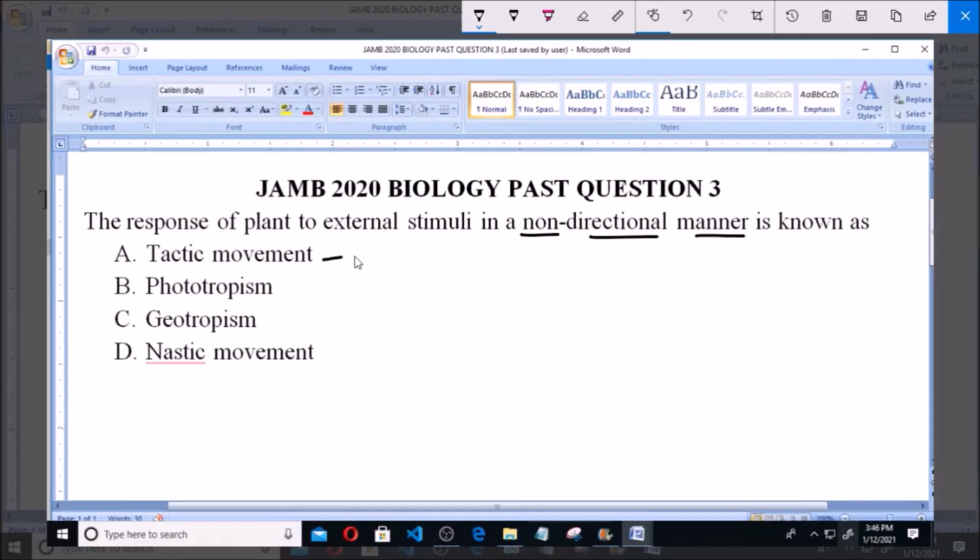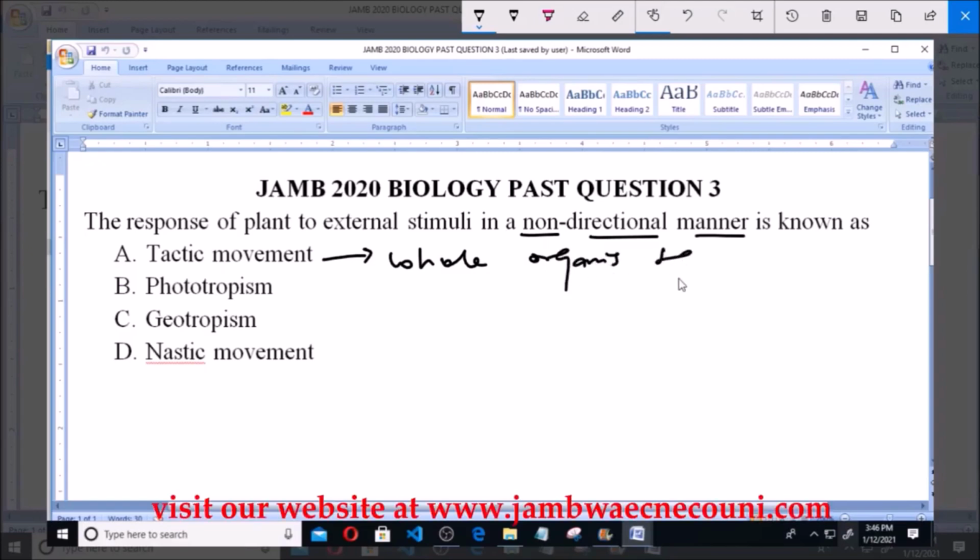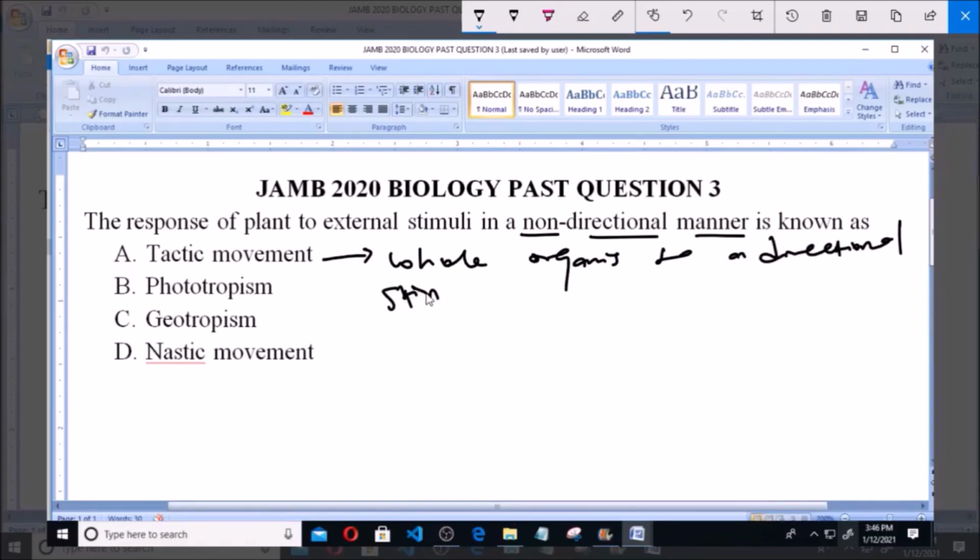Now, when you hear of tactic movement, it is the response of the whole organism to a directional stimulus. An example is phototaxis or chemotaxis. Let me use chemotaxis. White blood cells in humans undergo chemotaxis.